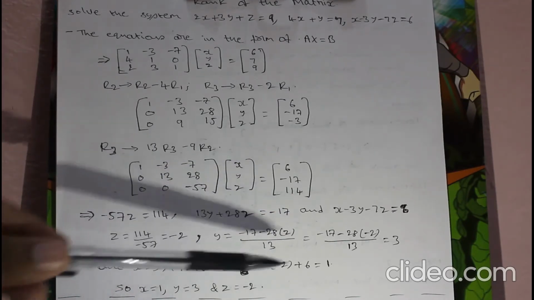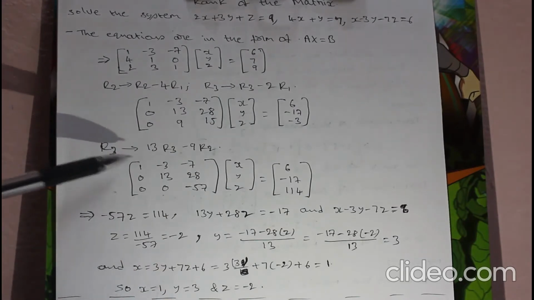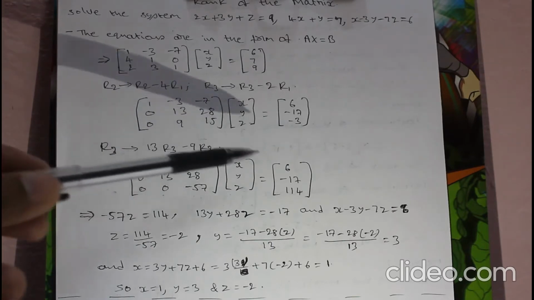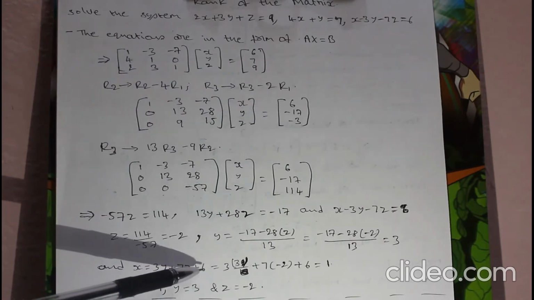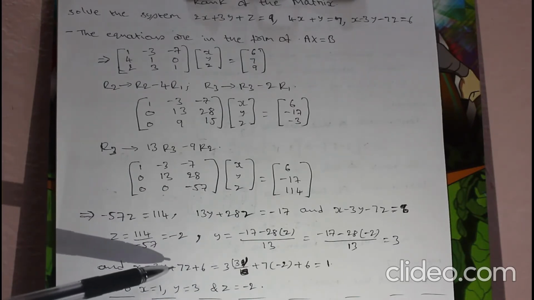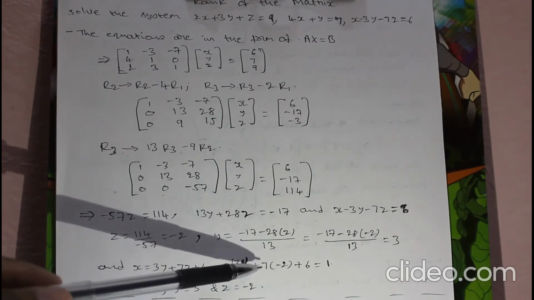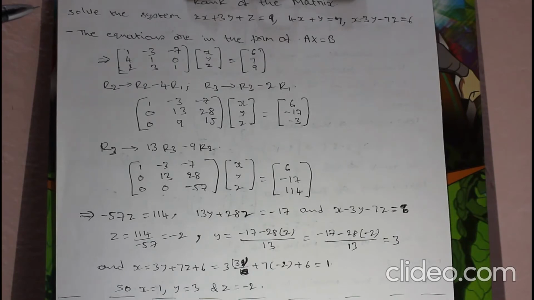So after substituting we got the value 3, and x minus 3y minus 7z is equal to 6. So x is equal to 3y plus 7z plus 6. After substituting, 3 into 3 plus 7 into minus 2 plus 6. So 9 minus 14 plus 6, that is equal to 1.